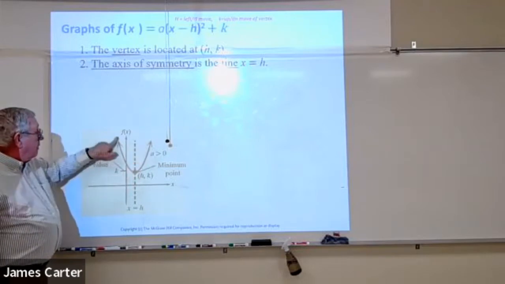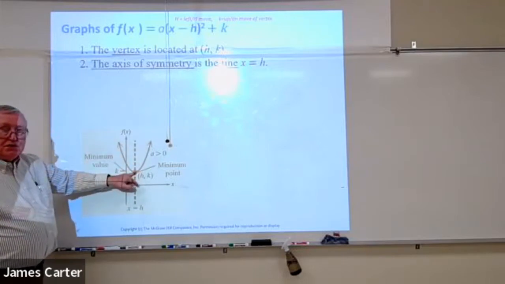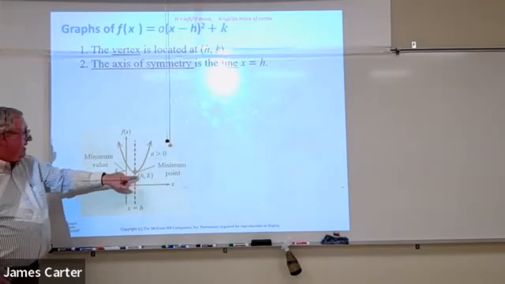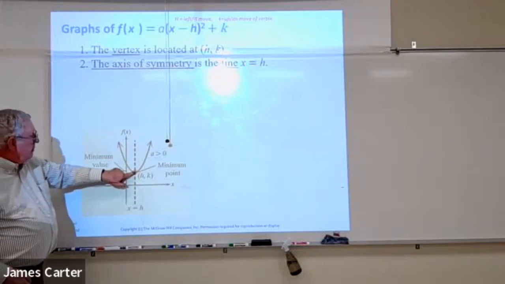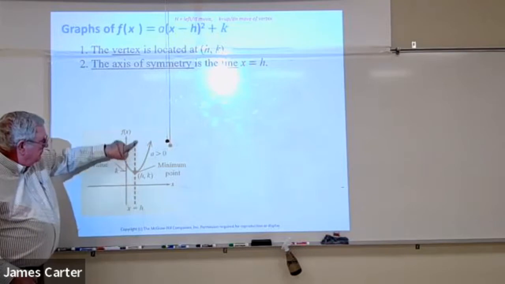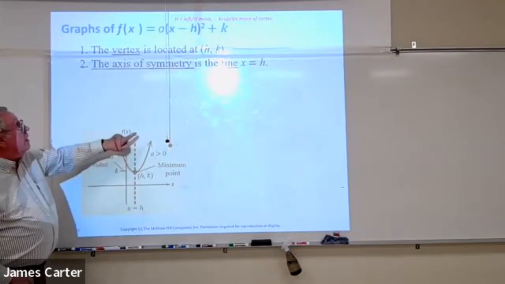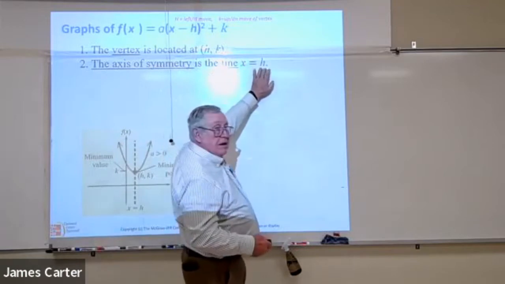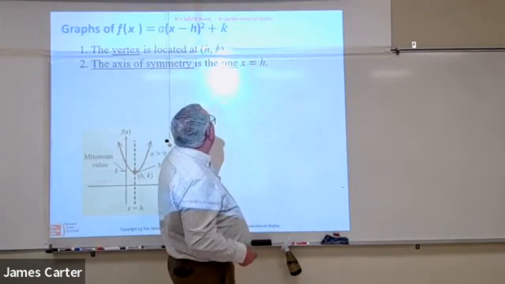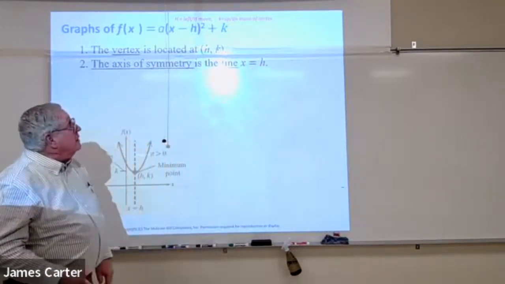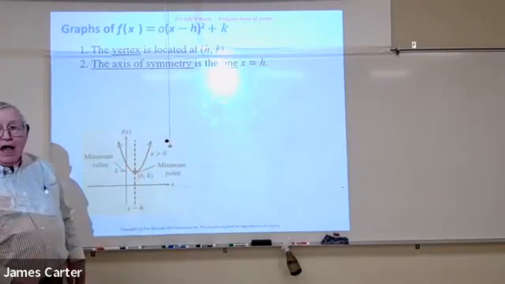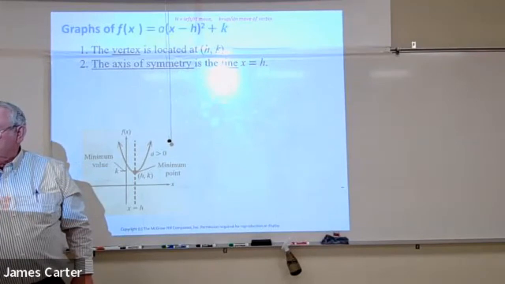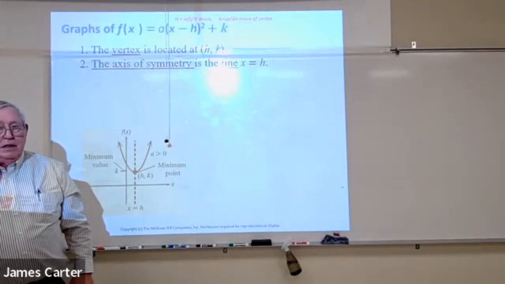Same shape, only shape shifted, to use some movie lingo. And there is a line of symmetry. Well, guess what that line of symmetry is? It's that opposite of the sign x value. Okay.